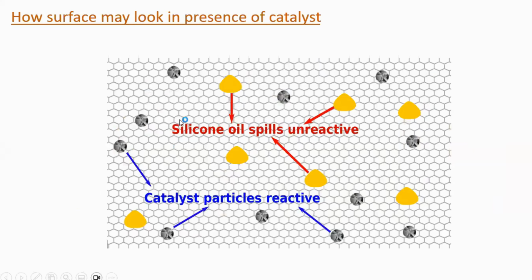Here we did this work with iron nanoparticles. Here we can clearly see that some nanoparticles are present at the surface in addition to the graphite powder and the silicon oil spills. Now, as we know, nanomaterials have a higher surface area.